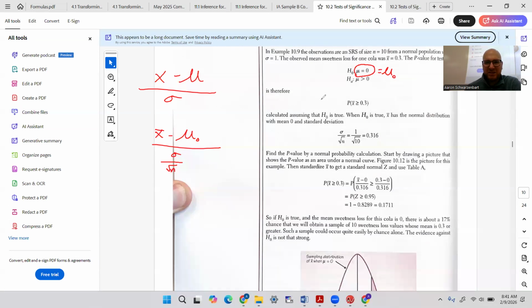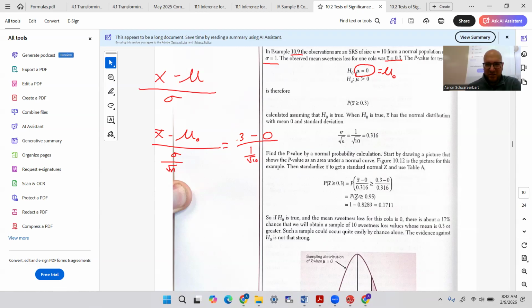Example 10.9, that was the job satisfaction one. It now tells me, nope, this must be the cola sweetness loss. And now it gives me an x bar of 0.3 and a sigma of 1. So 0.3 minus 0 over 1 over square root of 10 gives me 0.95.